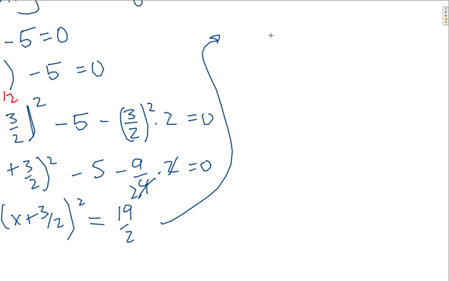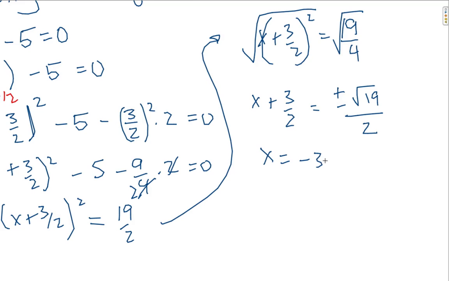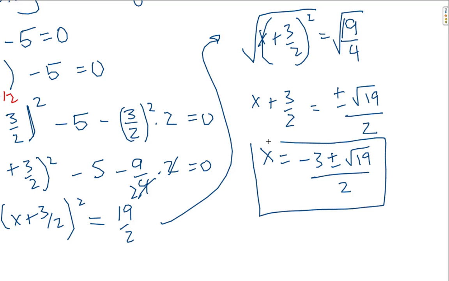I get x plus 3 halves squared is equal to 19 over 4. I take the square root of both sides, and I get x plus 3 halves equals plus or minus the square root of 19 over 2, which is negative 3 plus or minus the square root of 19 all over 2. This is solving by completing the square.